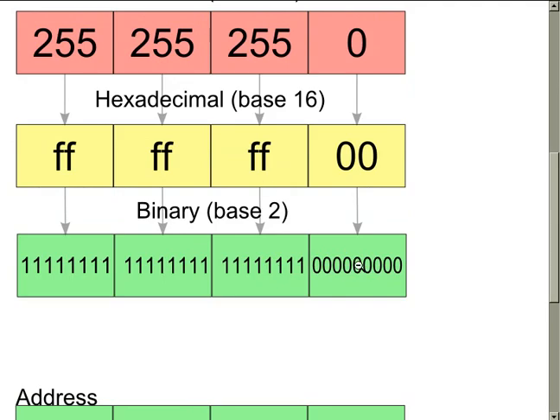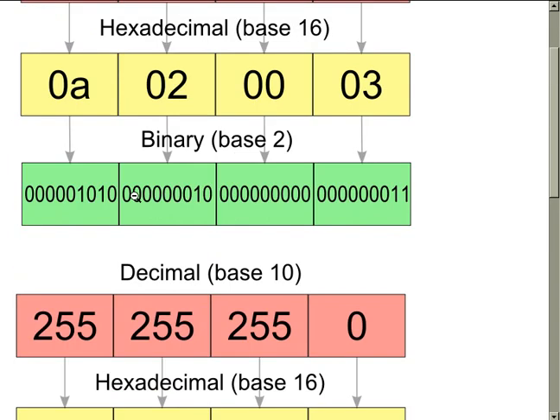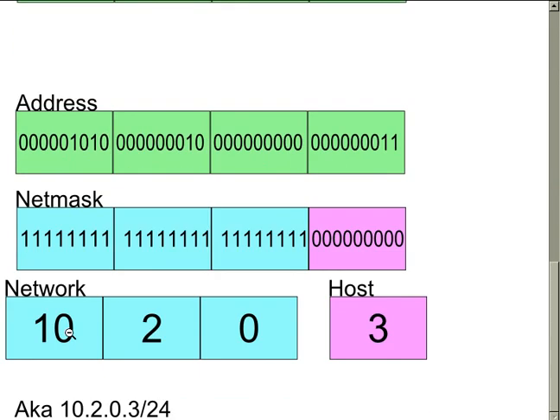And what you can do is combine this mask with this address, and it says which part of the address is the network portion and which part is the host portion. So here's our address up here. Here's our net mask.